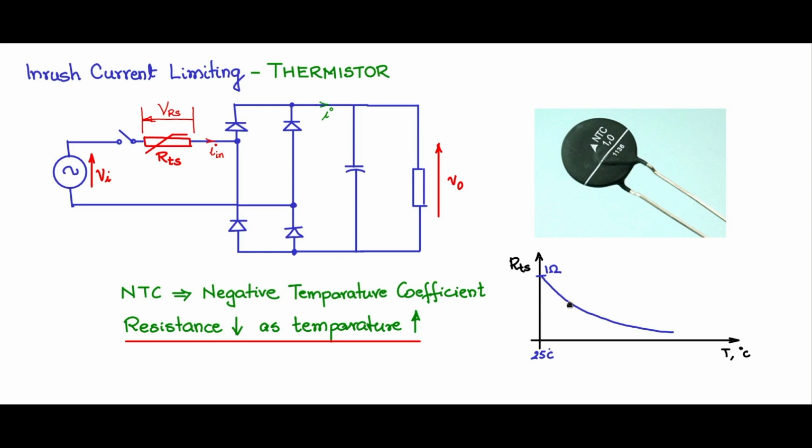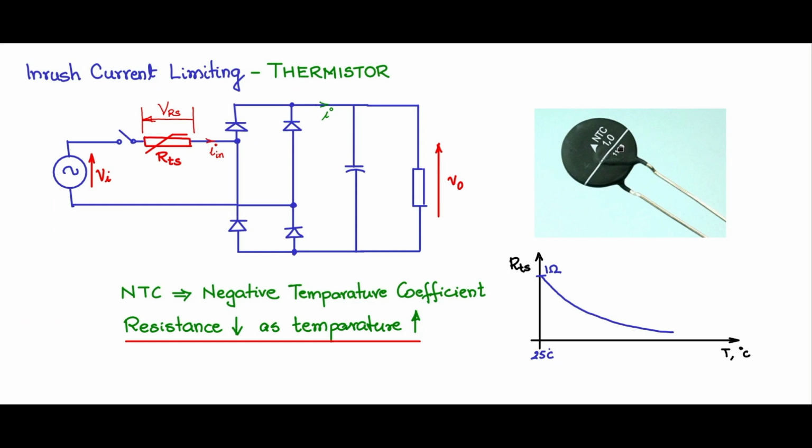So it will come to a low value of series resistance, and in the steady state the loss will not be as much as it was in the case of a fixed resistance. You get thermistors of various cold resistance values, and also various current handling capabilities. So look into the data sheet and you can choose appropriate thermistors.